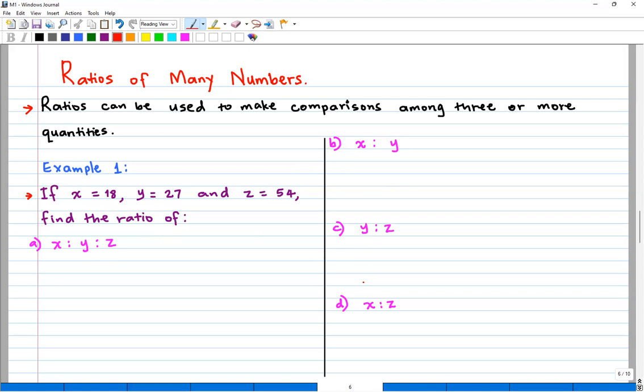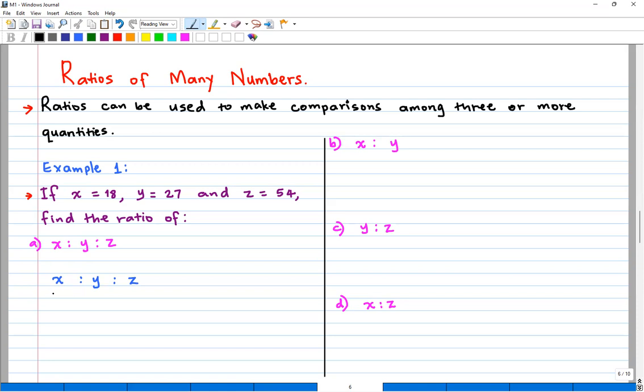And D, x to z. Now, we are having x to y to z.